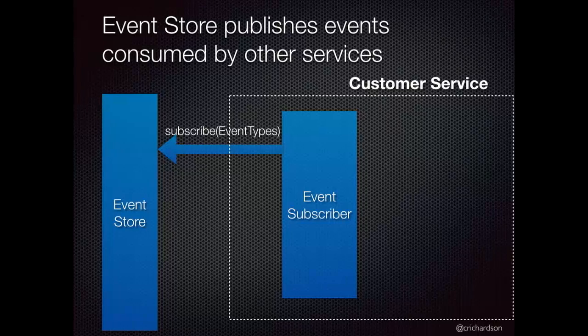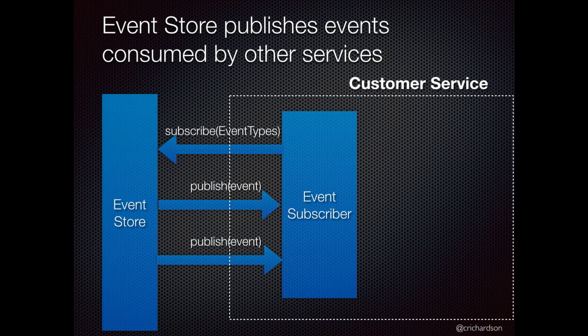And then the other part is that this event store lets you subscribe. So the customer service would subscribe to those events, and when an event occurs, it would update the customer using the same mechanism I showed on the previous slide, which would generate more events, which would then presumably get consumed by the order service.